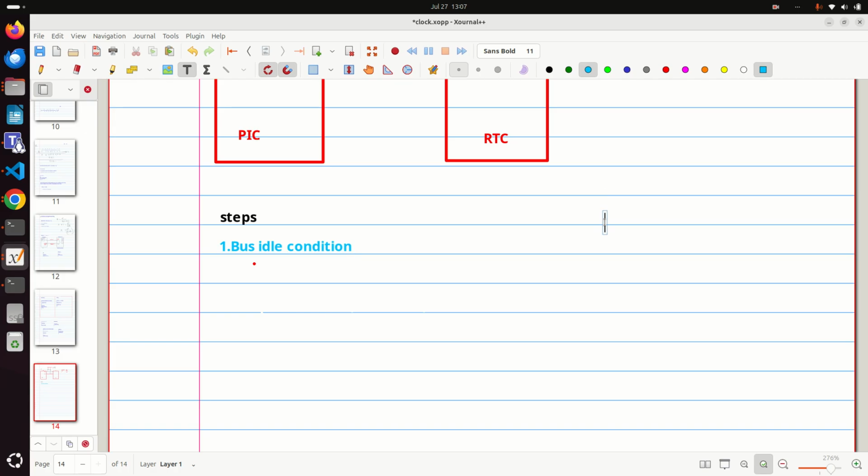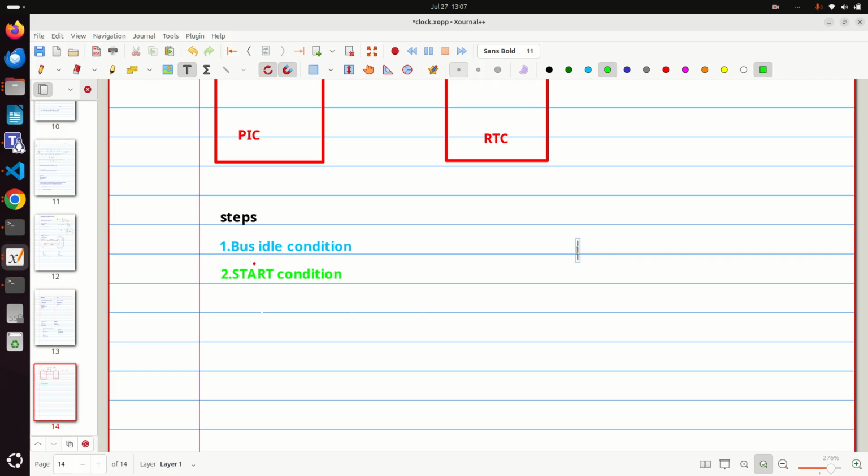Now the microcontroller is aware the bus is idle. So then what will it do? It transmits the start bit. That is the start condition. So every device is paying attention, including RTC. Next step, the microcontroller is going to transmit the unique address.